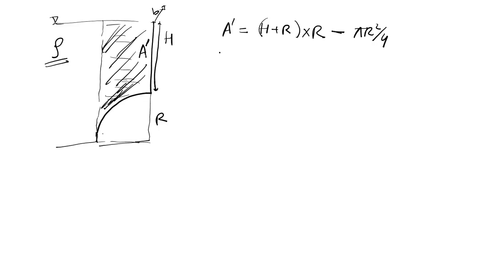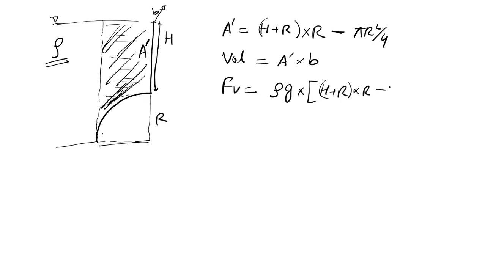What will be the volume then? A dash into B. So what is Fv? Fv is nothing but density into g into volume. Volume is nothing but A dash B, and I have formulated A dash as (H plus R) into R minus pi r square divided by 4. This is A dash into B. So this is the final formula for Fv.